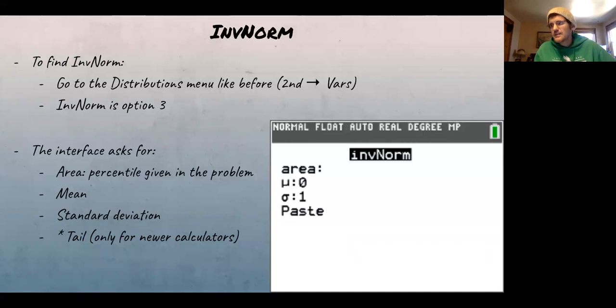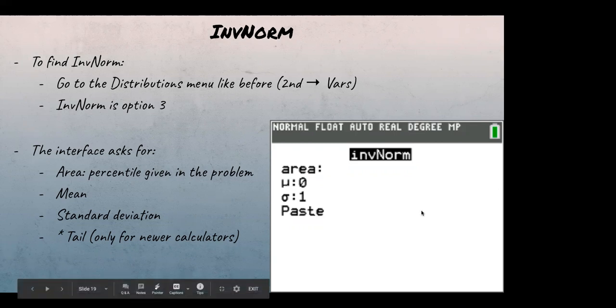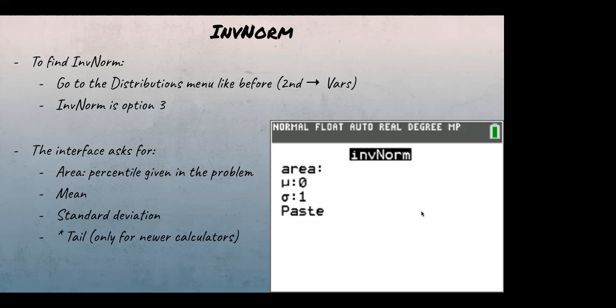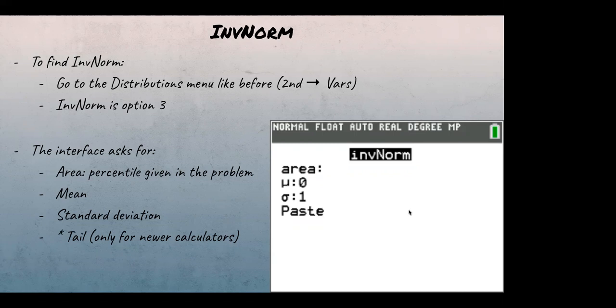If you have the tail option, you might feel comfortable just keeping it as the left tail, but I'll explain how you can use your other tails later. I think the default is right. I have a TI-84 Plus, the color one Kevin has, and my default is left.